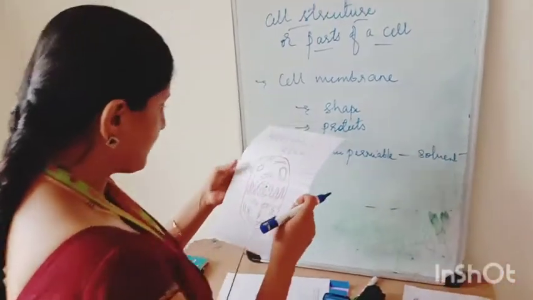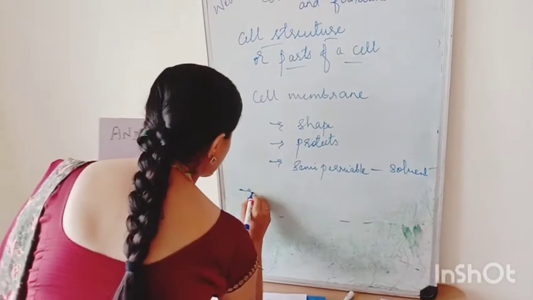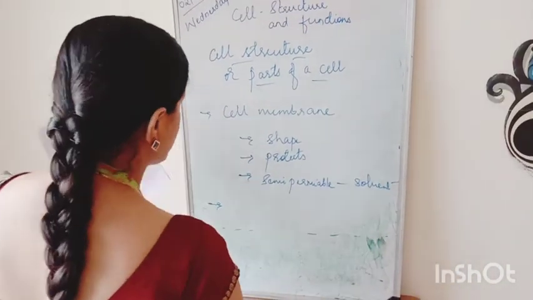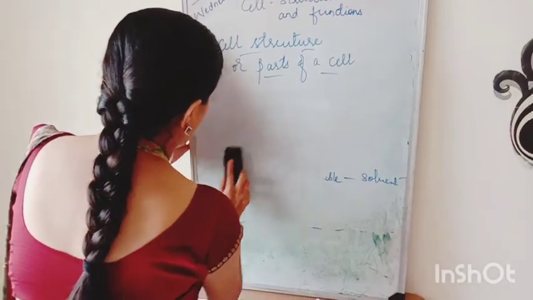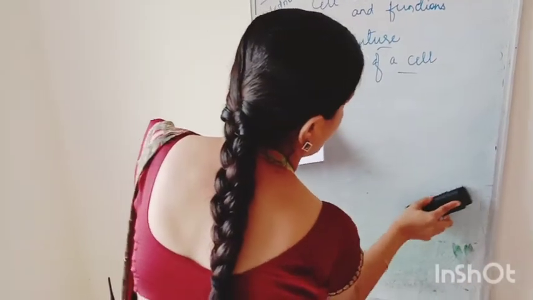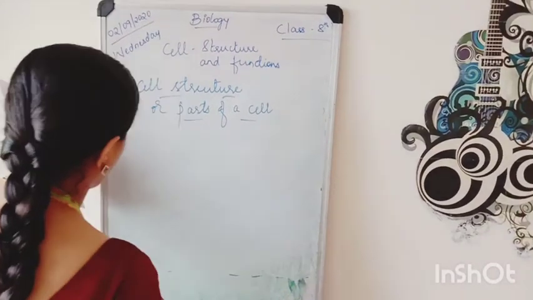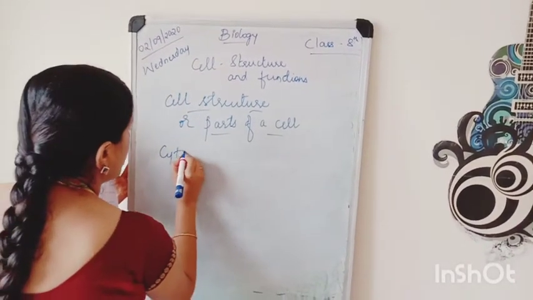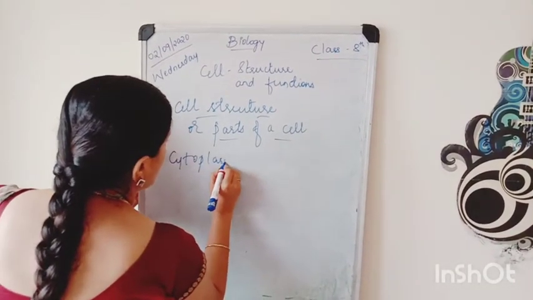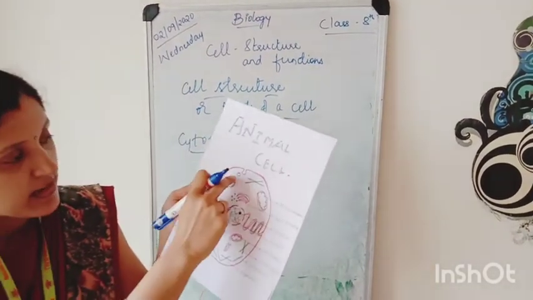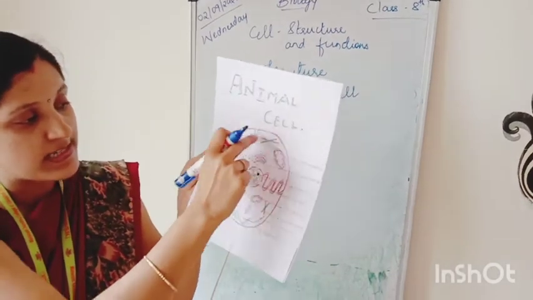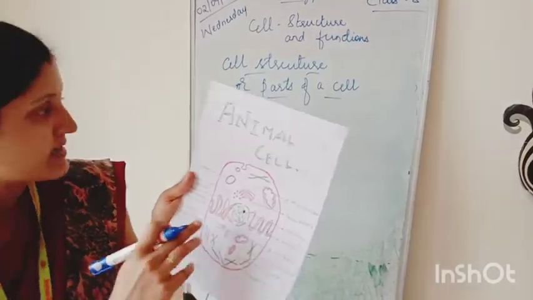That's why we call it semi-permeable. Then comes the cytoplasm. So we'll see about the cytoplasm. In the cytoplasm, we can see here all these suspended particles present.